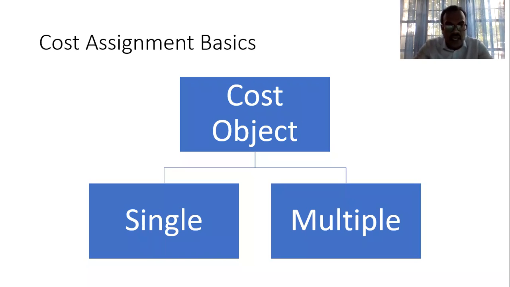Because everything can be identified with respect to that particular cost object. We'll take a very simple example, again producing breads. Even in a bakery, you can say that organization makes a single product, bread.